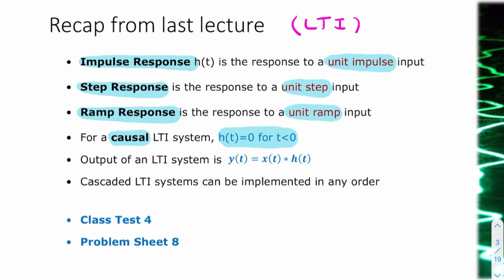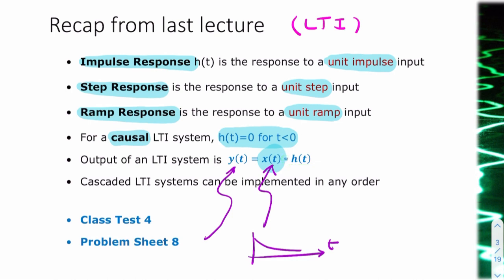We also said something really important. We said the impulse response allows us to find the output of a linear time invariant system for any arbitrary input. So even if your input isn't an impulse, your input could be anything. It could have an input like that. And from that, I can still find the output simply by carrying out a convolution with the impulse response.